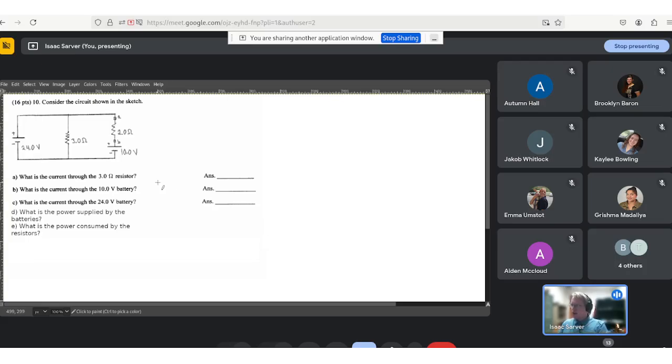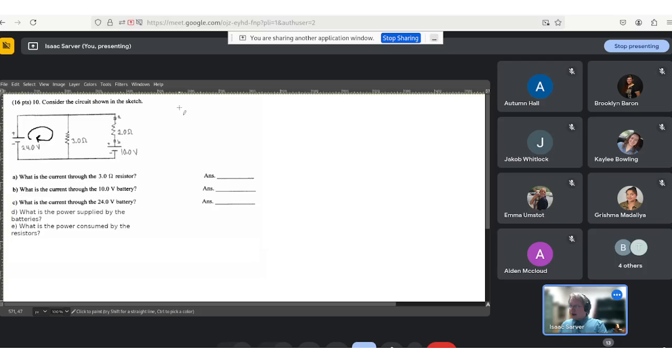Oh, 10 minutes. Uh-oh. I've got to be quick about this. So, Kirchhoff loop law going this way. This 24 volts here means there's 24 volts across that, so that's the current for this one.